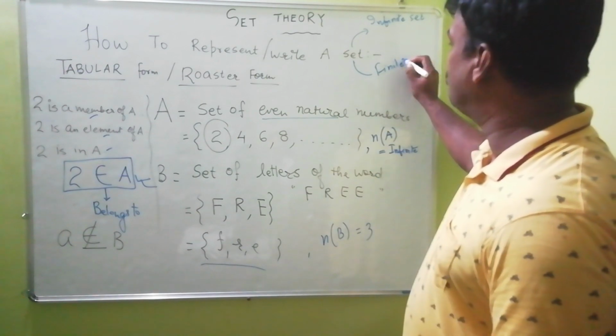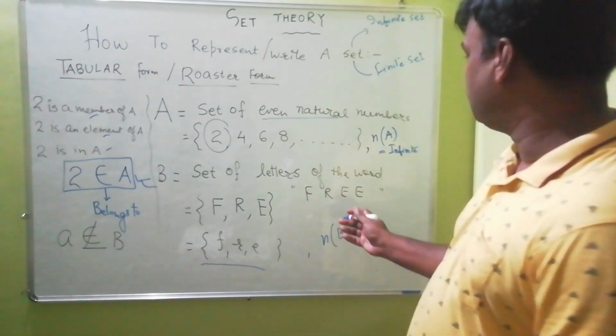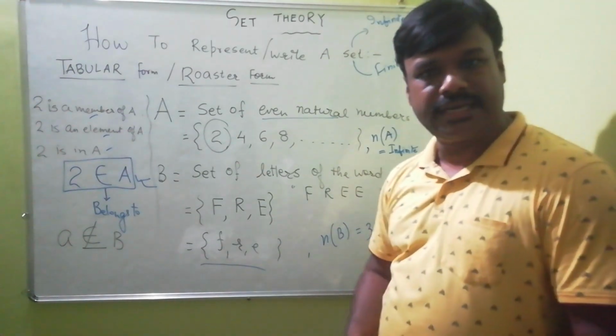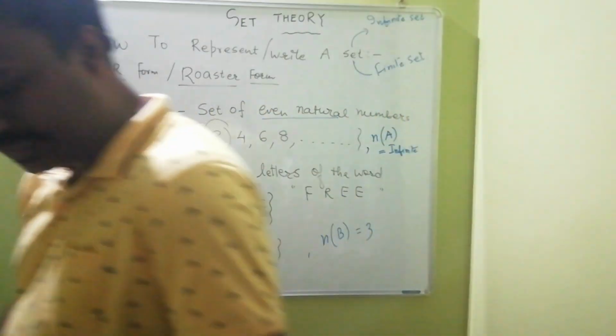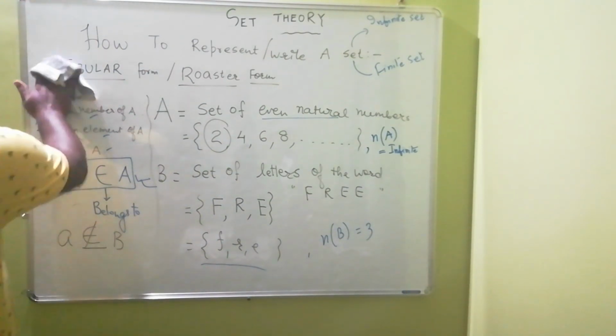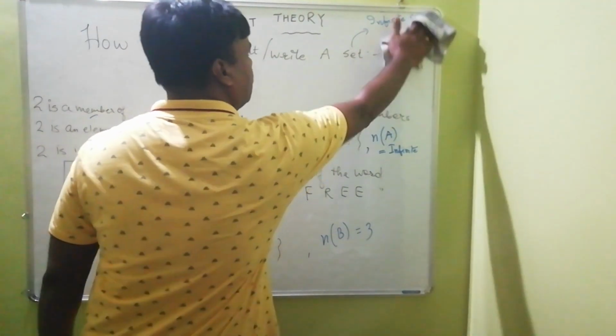So on the basis of number of elements in a set, this is of 2 types, infinite set and finite set. Now let us see the next method of representing a set, that is set builder method or set builder form.